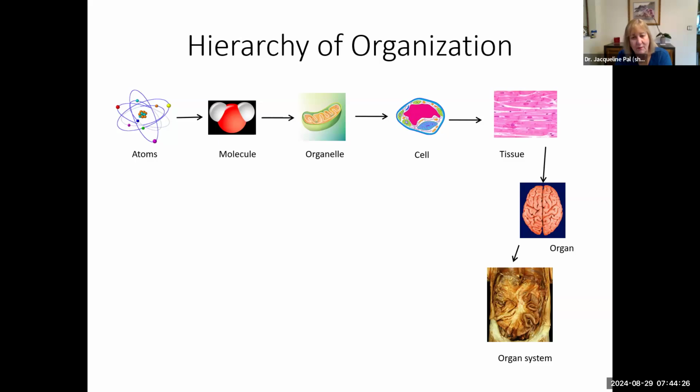Yes, we have 11. And the reason why we can't say two or more working together is because we need all 11 organ systems to be working together for the common goal of staying alive. Because if only 10 organ systems are working, we die.